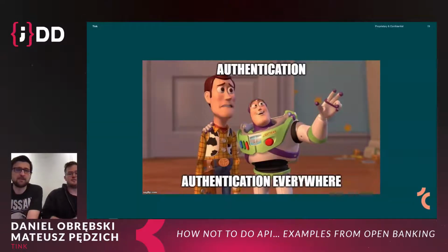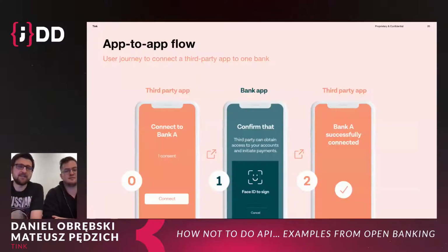So now we finally registered our app. So we are going to the next step, which is authentication. But before that, let's take a look at the user perspective, how it should look for most of the users. On the slide, you can see a simple app-to-app flow, where you want to make a payment or connect to the bank.